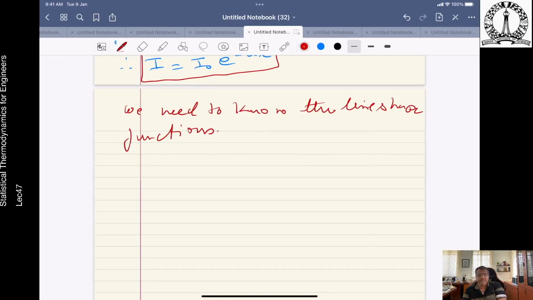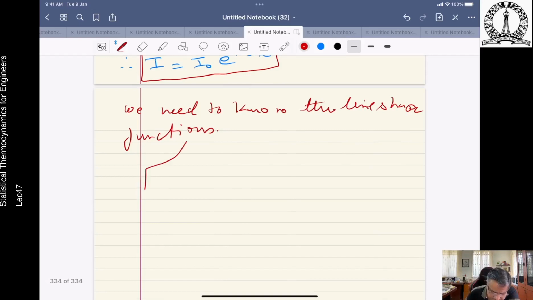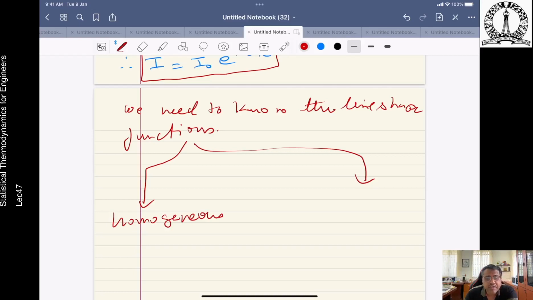The line shape functions basically fall into one or two of the general categories. One is homogeneous, and the other one is inhomogeneous. Well, that did not require much guessing. The homogeneous line shape occurs when all molecules have identical line shape functions.